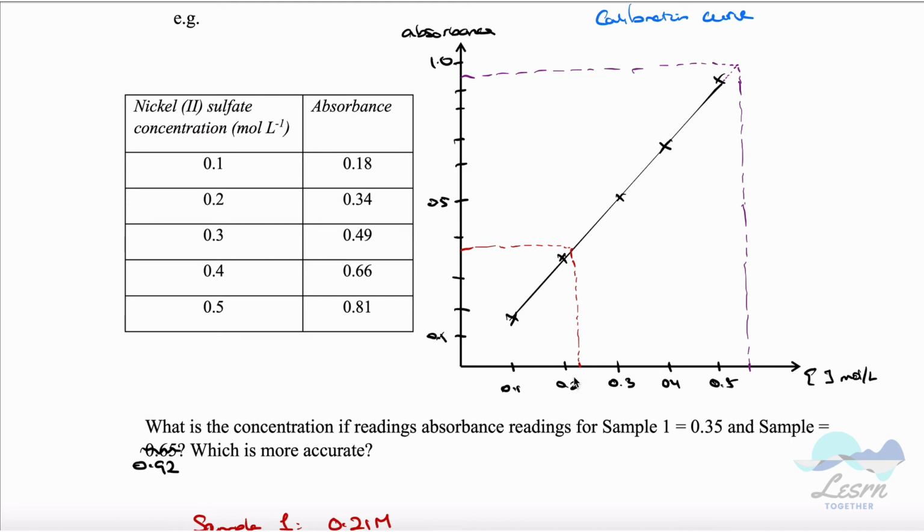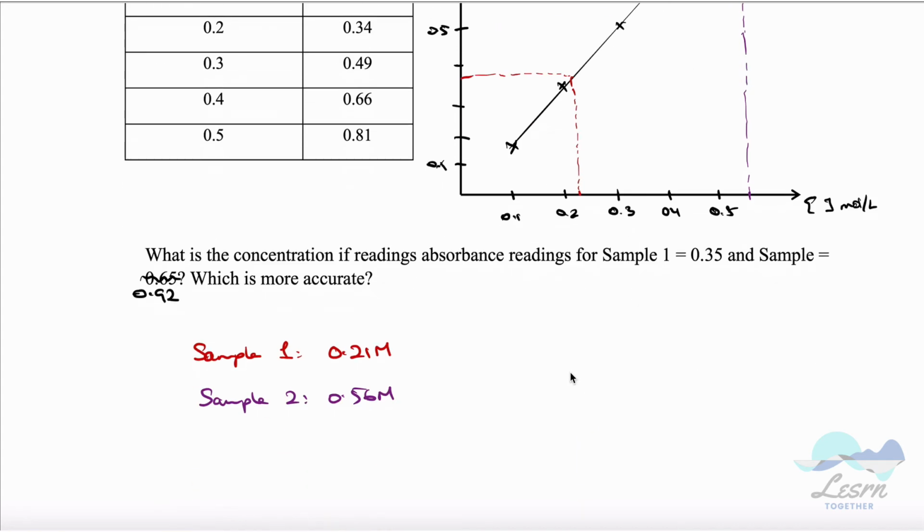Very commonly, because absorbance and concentrations can be very similar numbers, like 0.3, 0.34, whatever, you get confused and you might go to your concentration and come across and then think your absorbance is there, therefore your concentration. You just got to be really careful. You're looking at absorbance, that's a number you get, and then you're trying to find concentration as a result of that, okay?